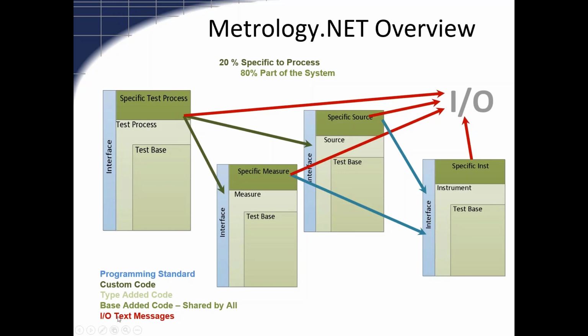And then these red lines down here are the I/O between them. So what we've done inside of Metrology.net is we've threaded the system with the I/O with the actor paradigm, which allows us to reach out to the device and use the device similar to how you would press a button on a Windows form.